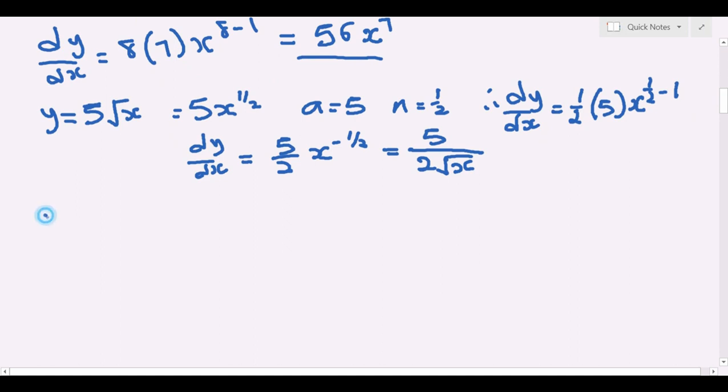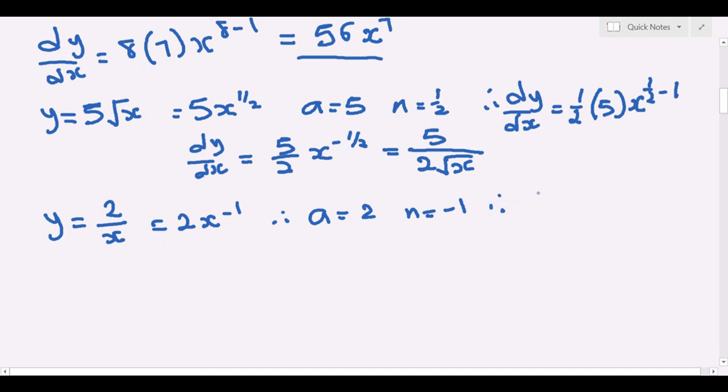The third one says y is equal to 2 over x. We can write this as 2x raised to power minus 1. So our a is equal to 2, our n is equal to minus 1, and we know that our dy/dx is n a x raised to power n minus 1.